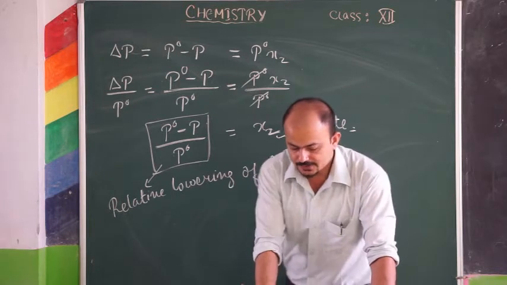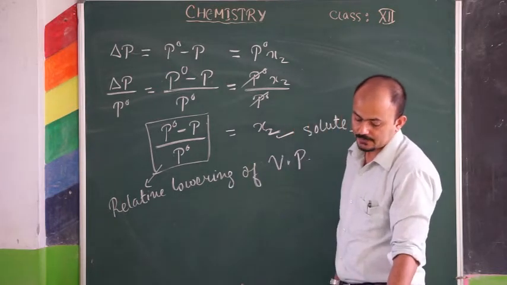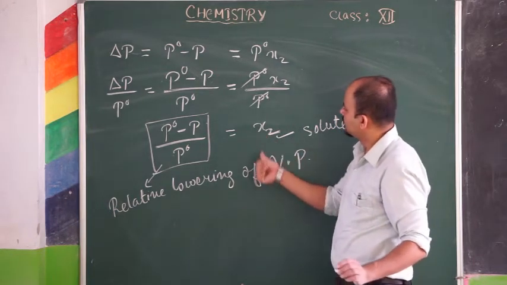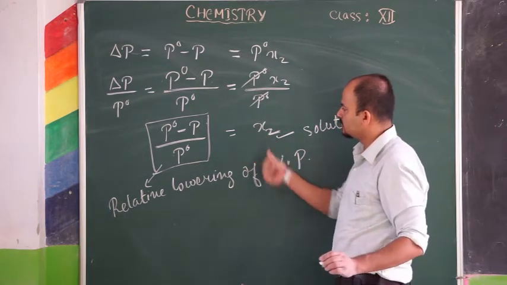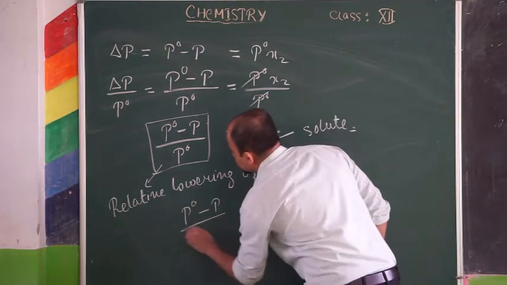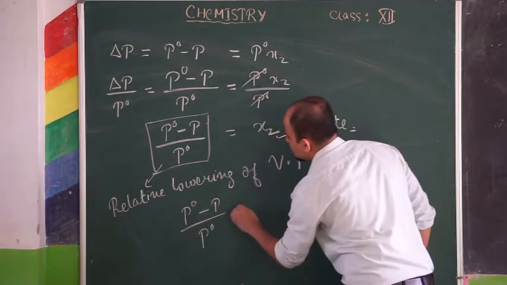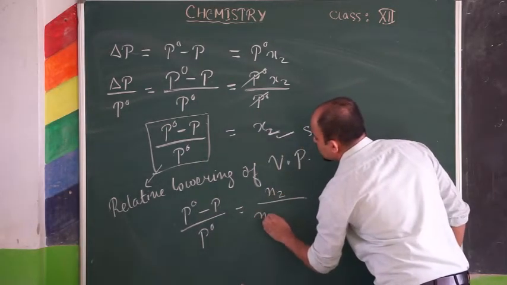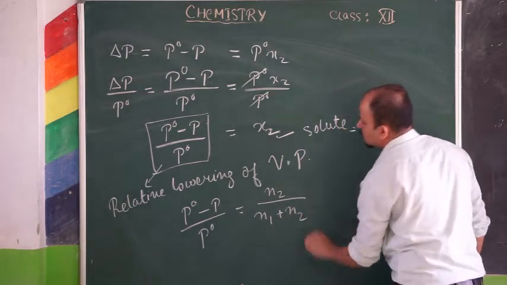Okay, now here we can also replace this with mole fraction. This mole fraction is given by (P naught minus P) by P naught. Same thing here, this can be written as N2 divided by N1 plus N2.